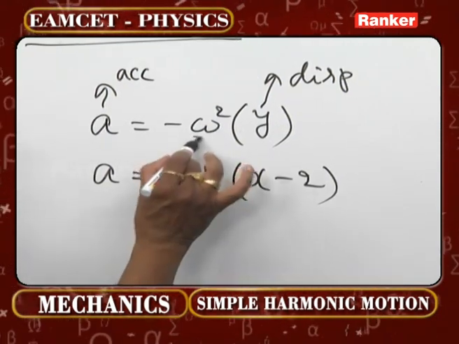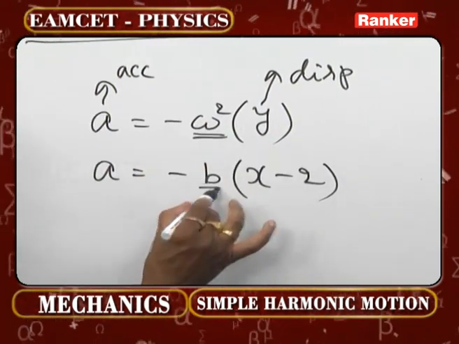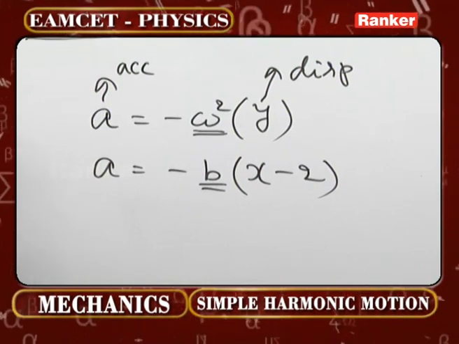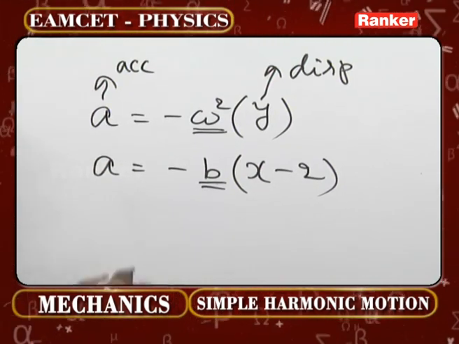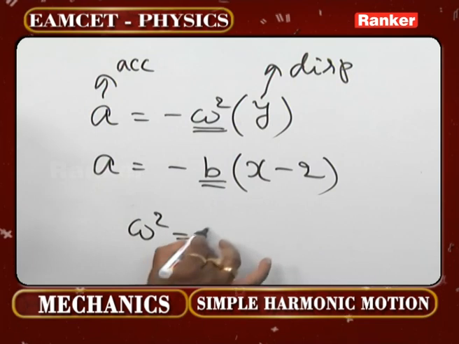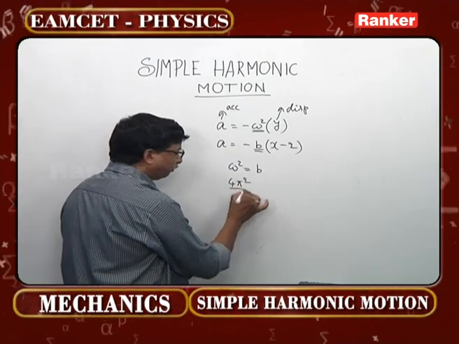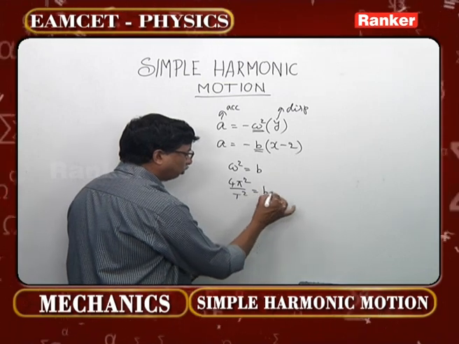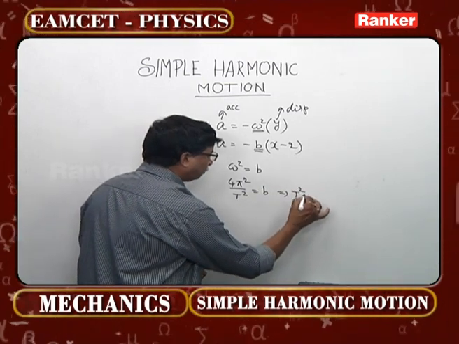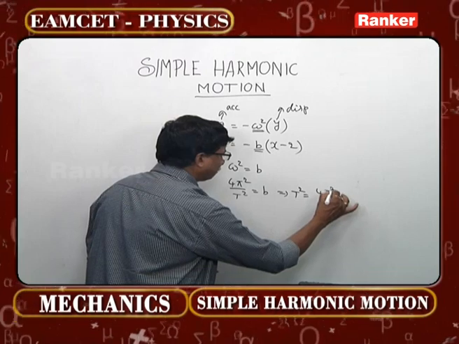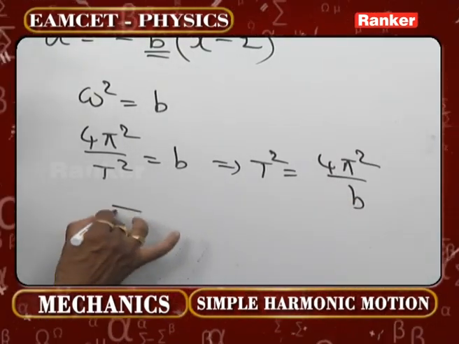So if you look at carefully, here omega square and here b are supposed to be equal numerically. So we can write omega square is equal to b. But what is omega square? 4 pi square by T square is equal to b. Then what will be T square, please? 4 pi square by b. Then what will be the time period?